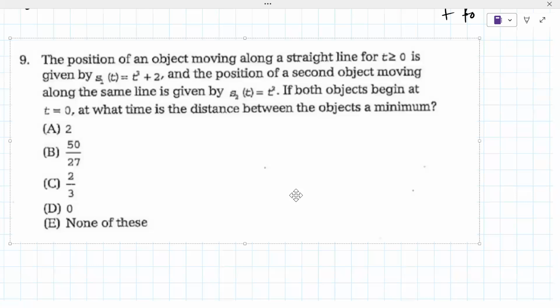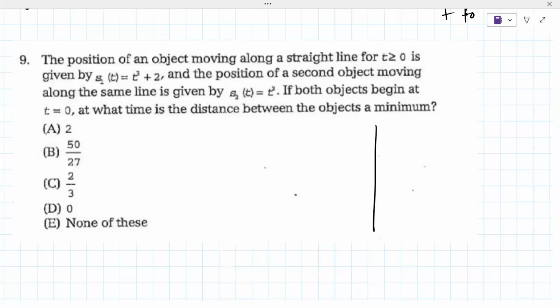All right, so the distance between them, if you just sort of graph this, t squared goes like that, and t cubed plus 2 kind of looks like that. Maybe they cross or something. But how do you calculate the distance between them at any point?